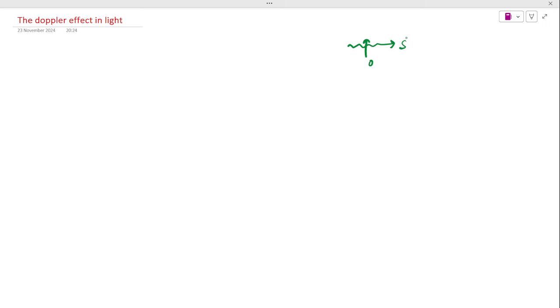So our main formula for Doppler effect in light, apparent frequency ν equals ν₀ root over 1 minus v²/c² divided by 1 minus v/c cos θ.